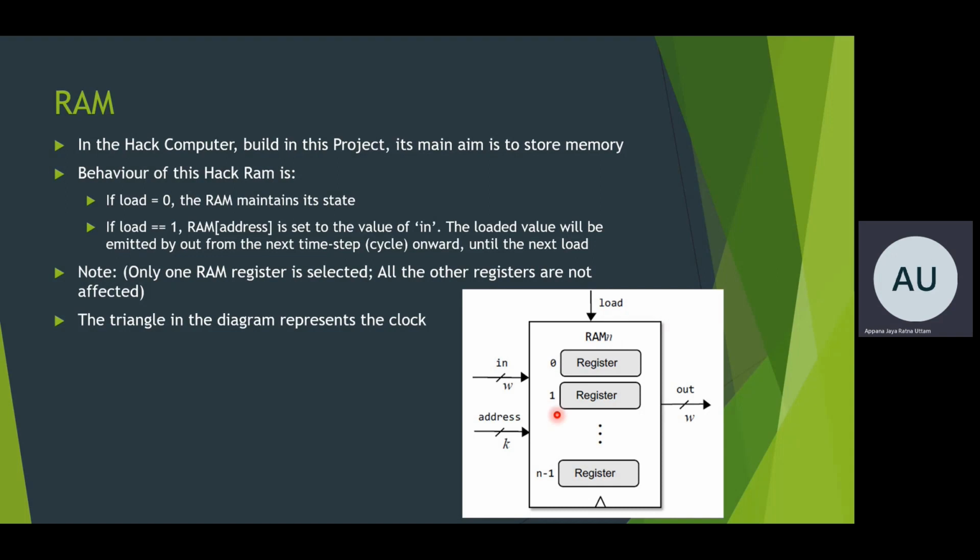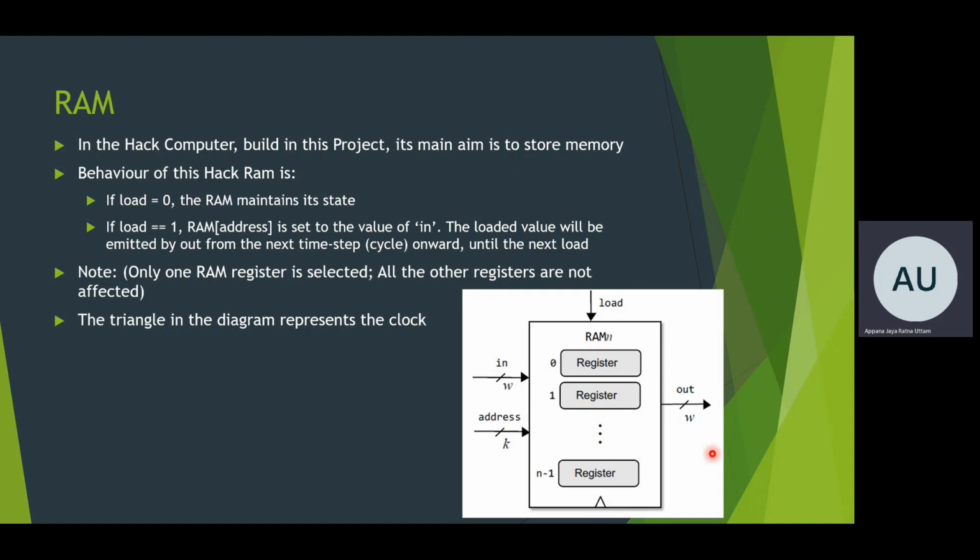If the load is 1 and the input value has changed, then the loaded value will be emitted from the output from the next clock cycle until the next load. Note that only one register in the RAM is selected, and all other registers are not affected. The triangle in the bottom part determines the clock.